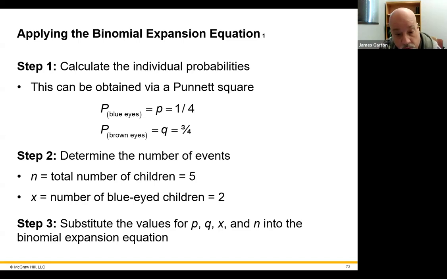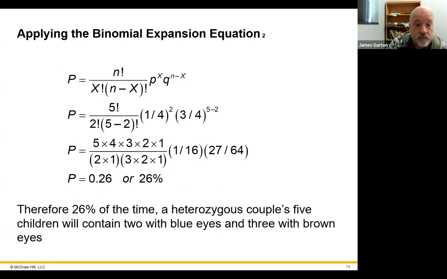And n is going to be the total number of events. In this case, it equals 5. X is going to be the total number of blue-eyed children. In this case, it equals 2, because it's set up that way in the question. And now that you know P and Q and X and N, you just plug those values into that equation and do the math.